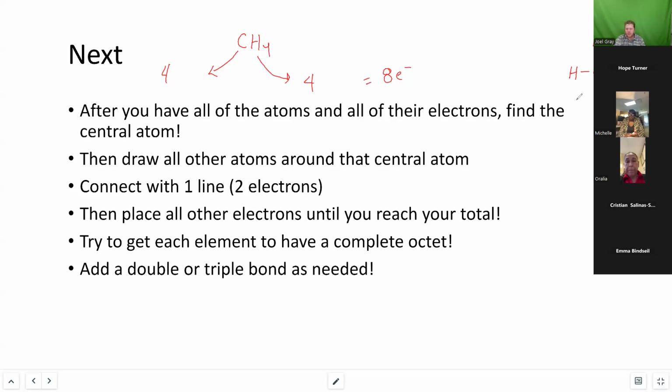How many electrons, add to the chat, does that single line represent? 2. Perfect. Okay, so based on that, how many electrons have I drawn in this molecule right here? I've got a couple votes for 8. Each one of these lines is 2 electrons.